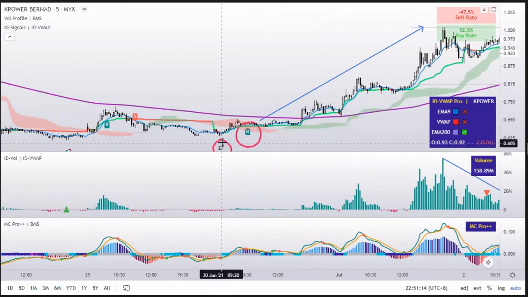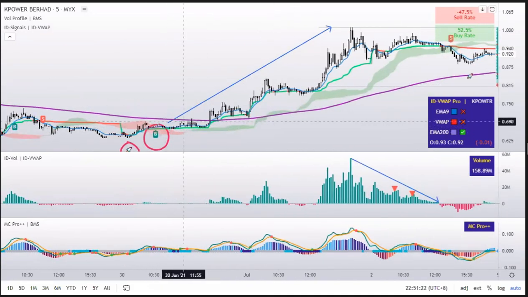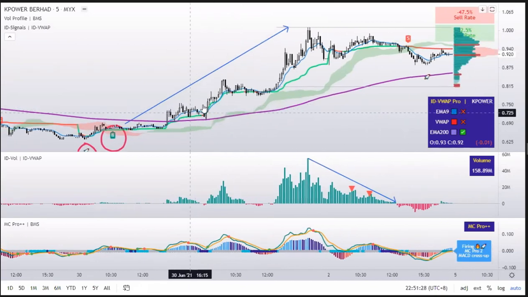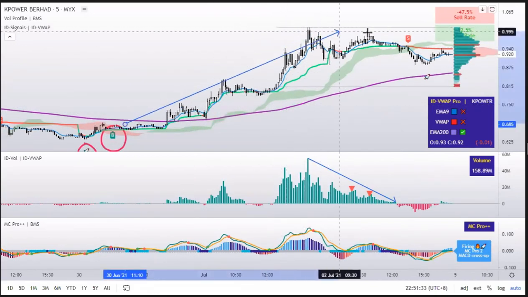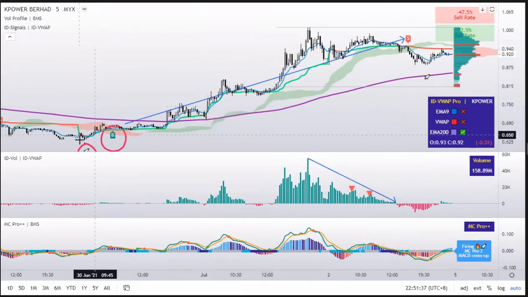Then there's a B, a buy label here, right? Then the price continues to shoot up, breaks out from the cloud, breaks out from the purple line, EMA 9 and VWAP cross up. Then the price continues to move up until it reaches this sell signal here. Right, that's how powerful the signal is.